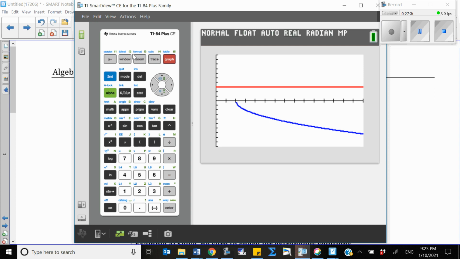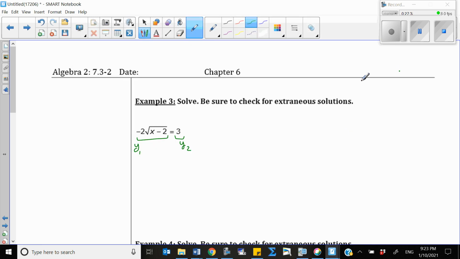As I graph it, I will see that the two lines are not going to intersect each other. They will never cross each other. So if there is no intersection, that means there is no real solution.